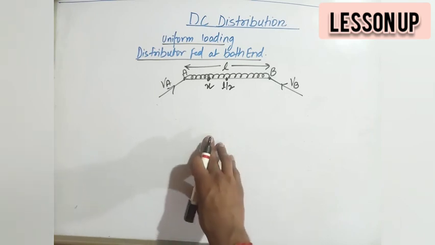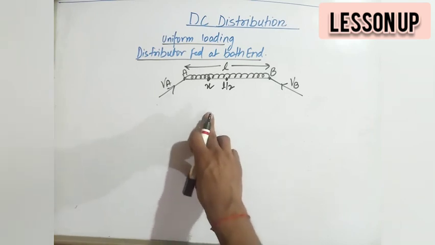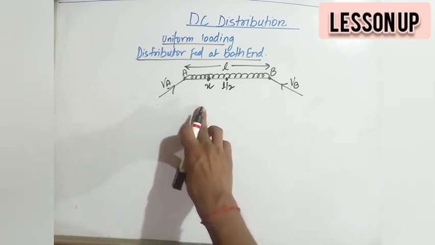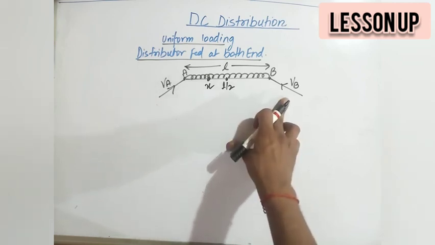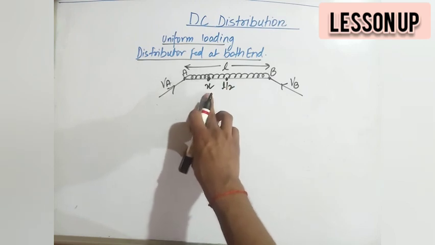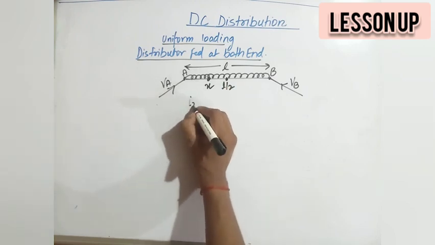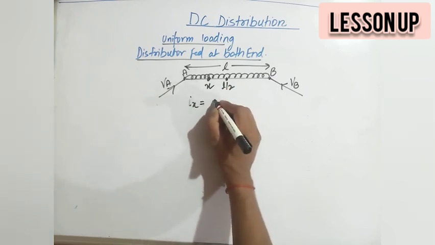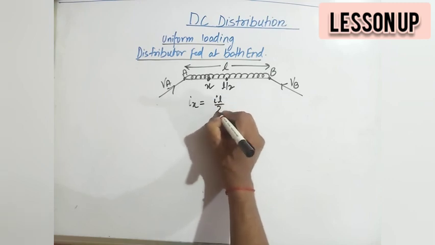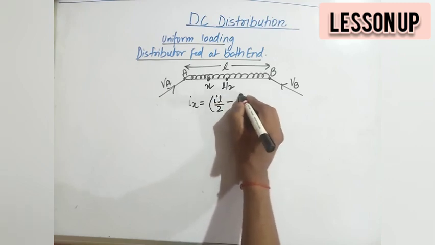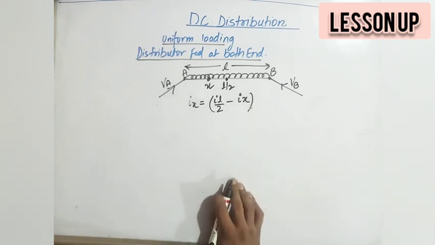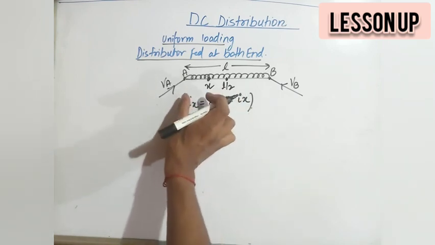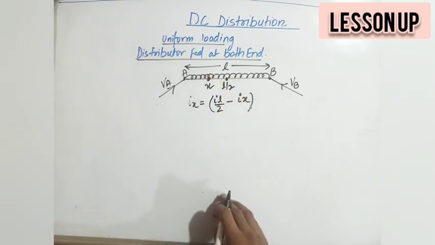For the calculation of power, we need to consider both the sides supplying half the current. Then the current at point x is Ix is equal to I into L by 2 minus I into x. Okay, so I into L by 2 is this, I into x is this.